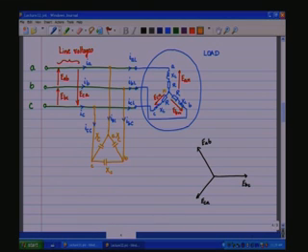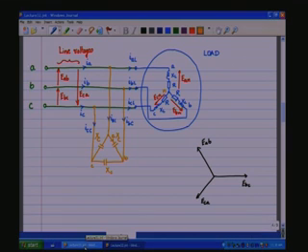Now, if you look at the currents in the phase, the currents in the phase are going to lead the voltages across the phase, because it is a capacitive network. If it had been resistive with respect to the phase voltages, the currents within the phases would be lagging the line voltage by 30 degrees, as we saw in the last session.